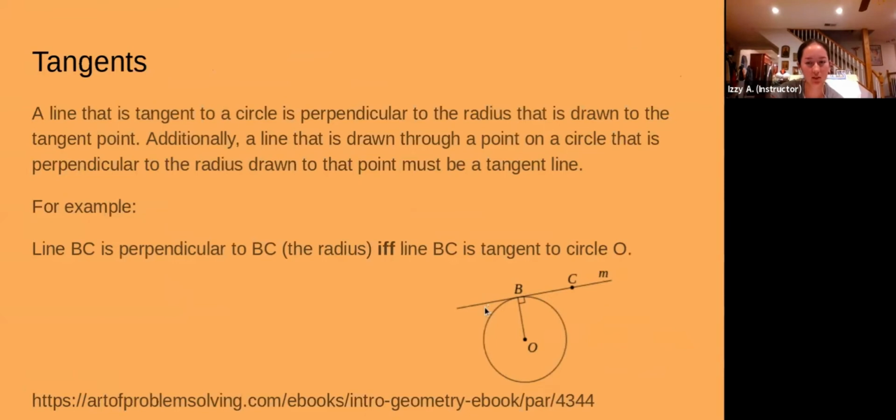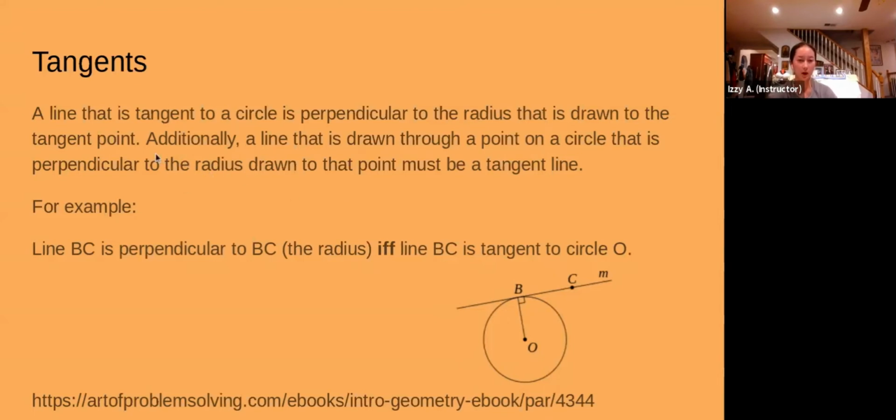For example, just for review, line M is tangent to circle O because it touches circle O at exactly 1 point. And as a result, it forms a perpendicular intersection, and that happens at point B.